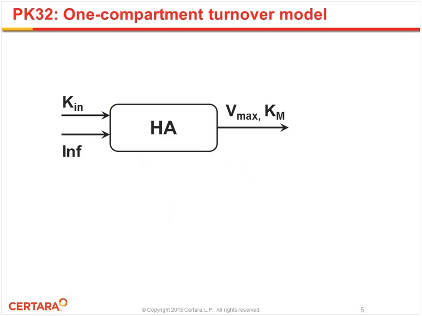And the endogenous compound is hyaluronan, or short HA. And it is synthesized in the body by a zero-order turnover rate Kn. This is the input for the central compartment. But we also have an additional input. This is the infusion, INF, that gets into the central compartment.